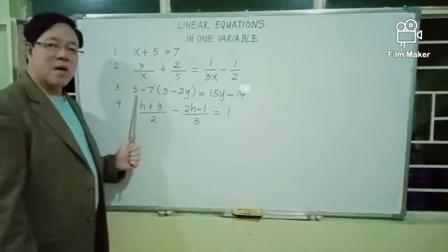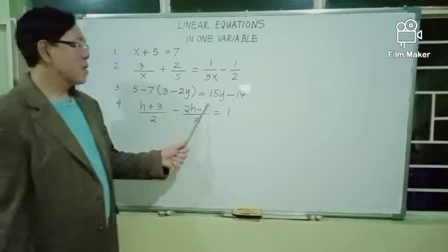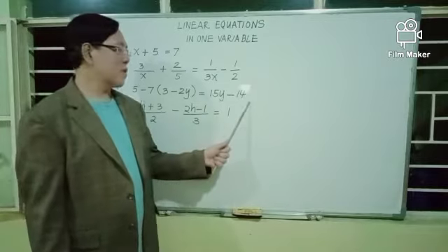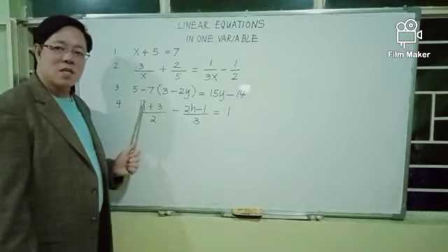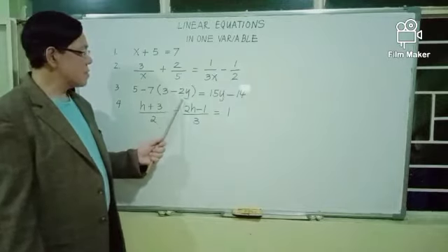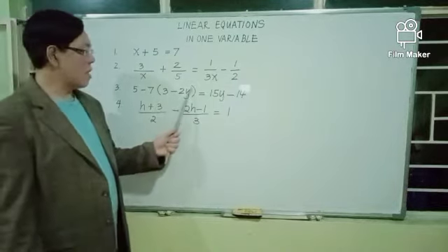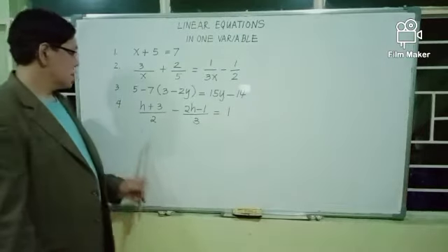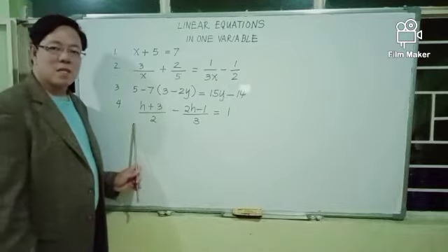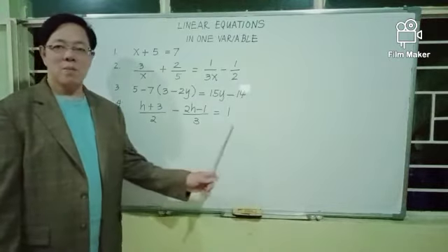Number 3, we have 5 minus 7 times quantity 3 minus 2y equals 15y minus 14. This equation is also linear in one variable. The variable is y. And it is linear because the highest exponent of y is 1. Number 4 is another example of linear equation in one variable.